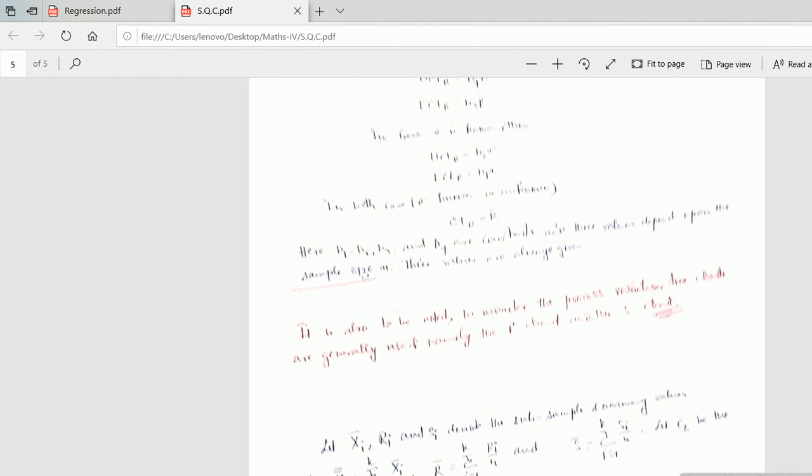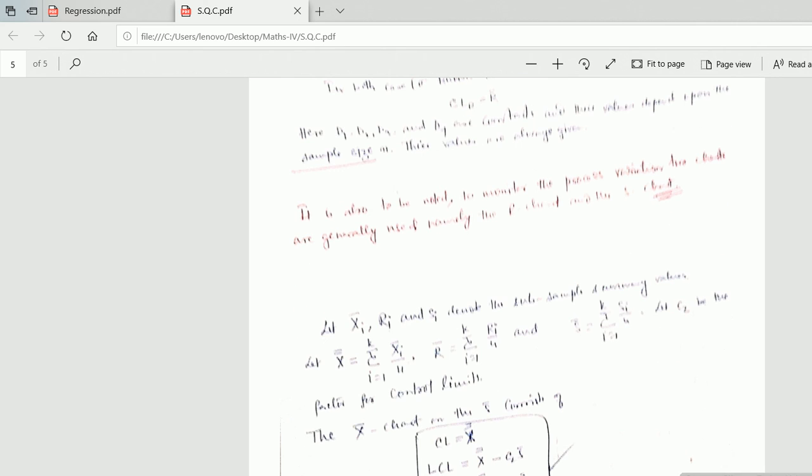Here capital D1, capital D2, capital D3 and D4 are constants and their values depend upon the sample size n. Their values are always given. It is also to be noted that to monitor the process variation, two charts are generally used, namely the R chart and the S chart.